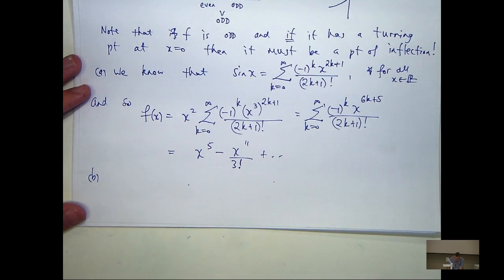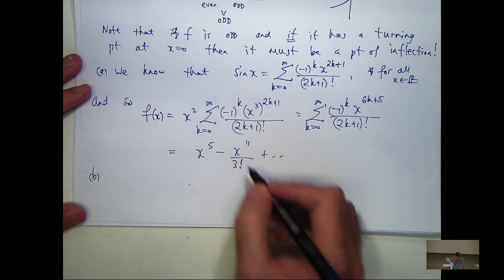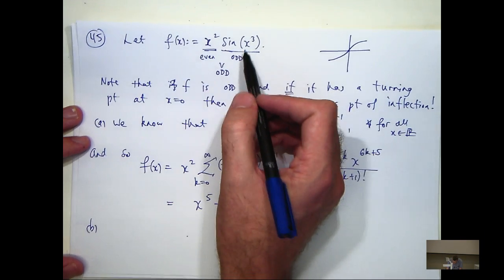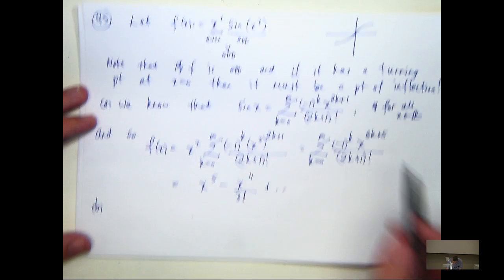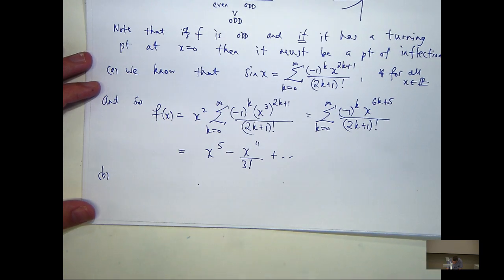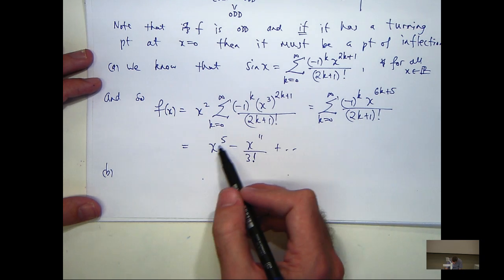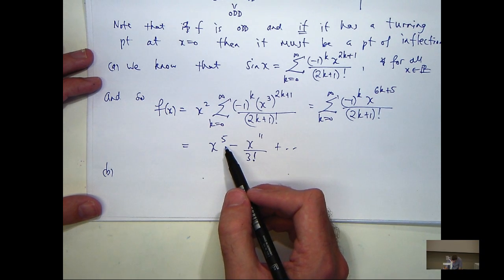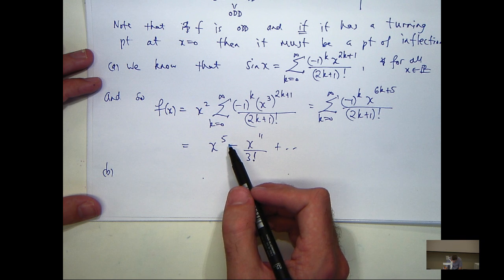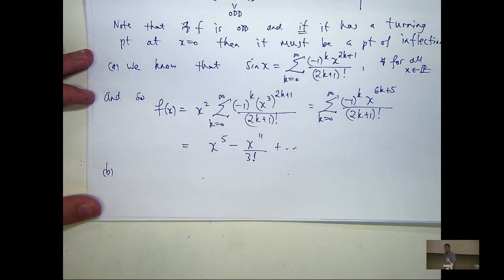I could differentiate up here and then show that the derivative at 0 is 0. But let's just use this one. If I differentiate here, what's going to happen? The lowest power is going to be power 4, right? So, of course, it's going to be 0 at x equals 0.